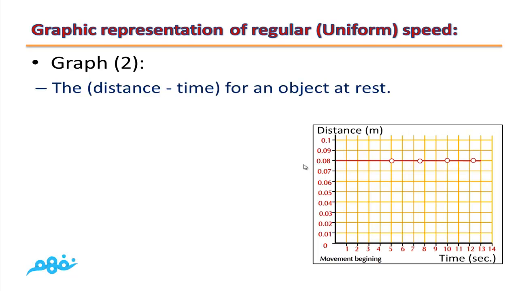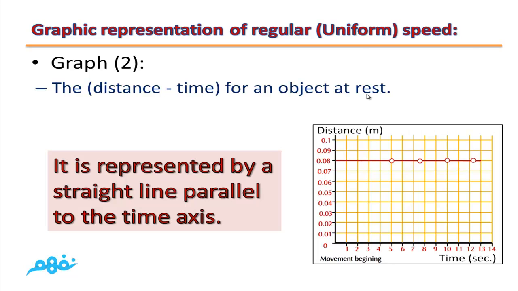So as we can see, as the time increases, the distance remains constant. This is because the object is at rest. So to describe this graph, we can say it is represented by a straight line parallel to the time axis.